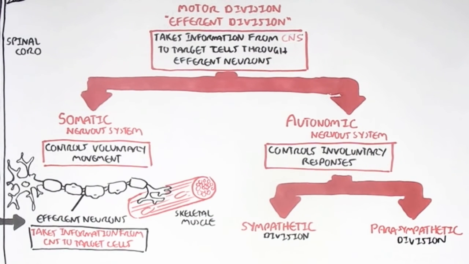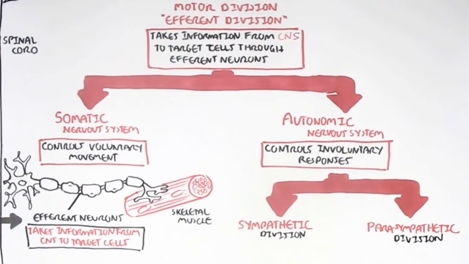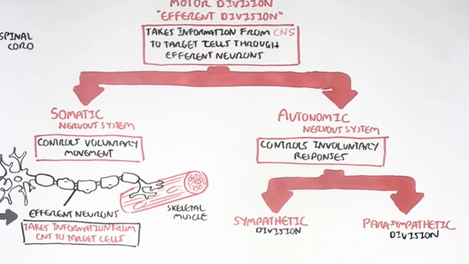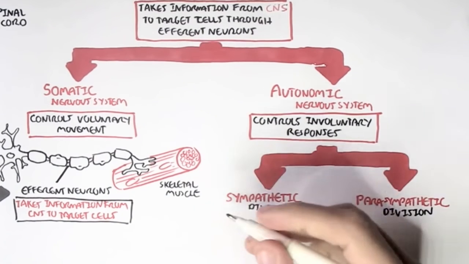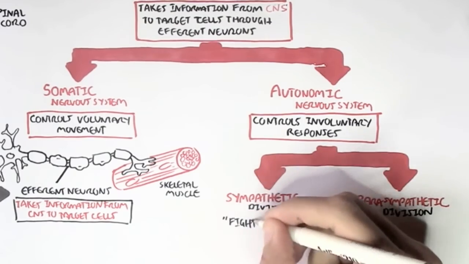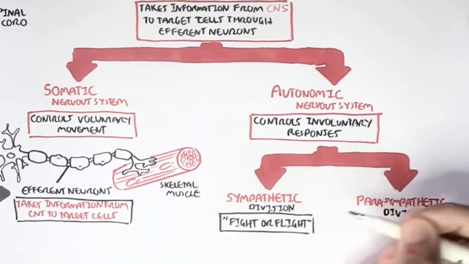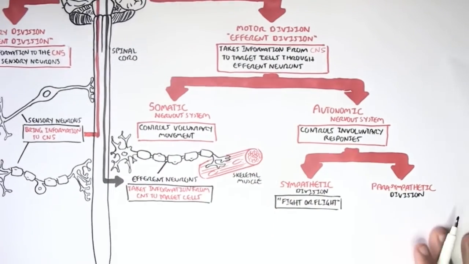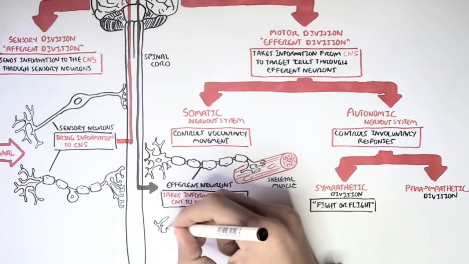And both are completely different to each other. For example, the sympathetic division is switched on or is more active during exercise, so during sport. And that is why the sympathetic division is sometimes referred to as the fight or flight response. And the parasympathetic division obviously is less active during exercise, during sport.